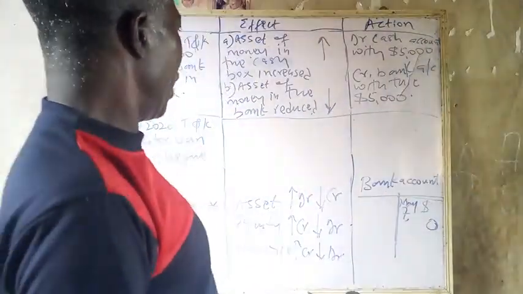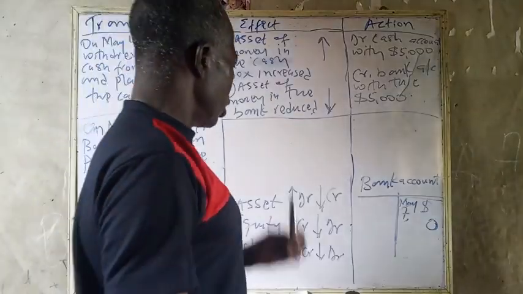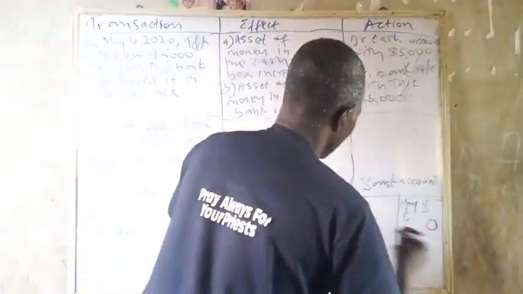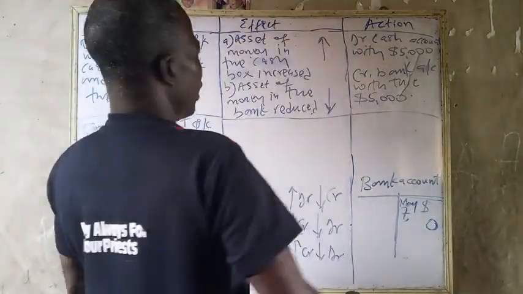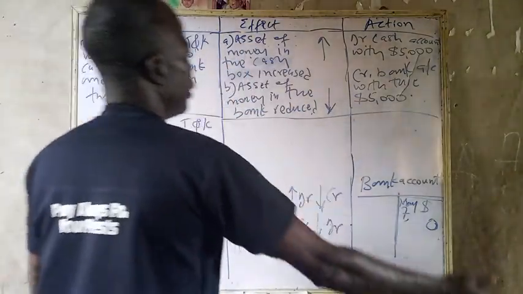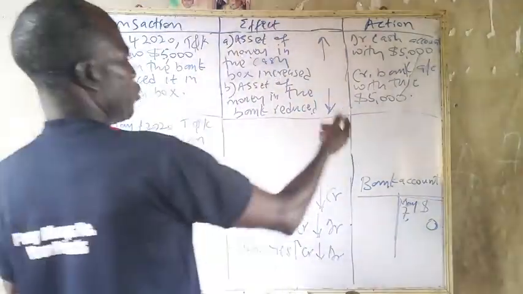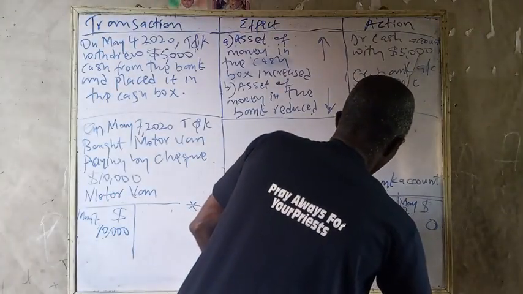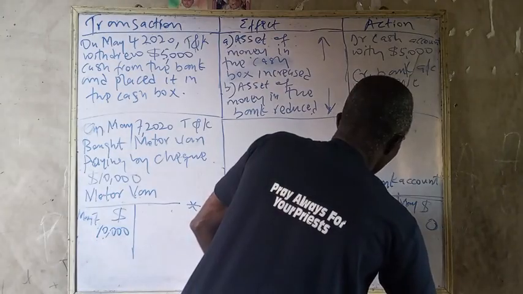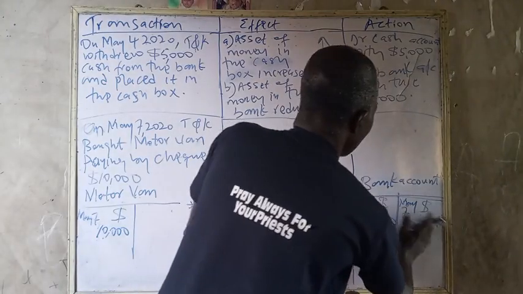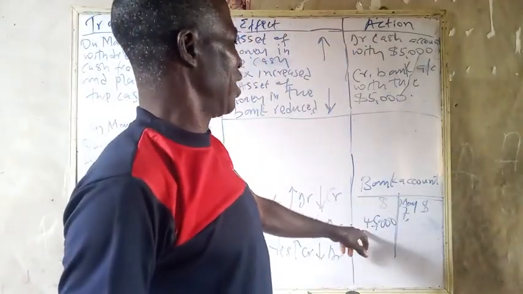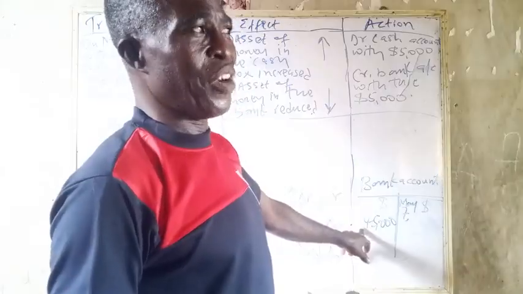Sorry, we had 50,000 there before. Then from the bank account, you withdrew 5,000. It remains 45,000, right? So let's assume yesterday, May 6, this account still remained 45.